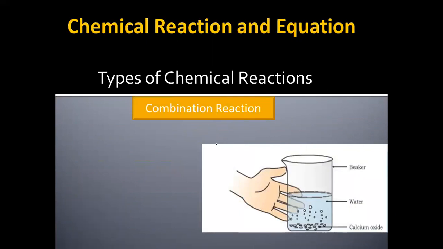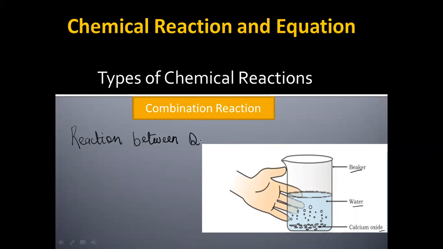If you have gone through your NCERT, you have seen an activity over there. A beaker is there, in which water is filled and there is calcium oxide. What is that activity showing? Basically, this activity is showing the reaction between calcium oxide and water.